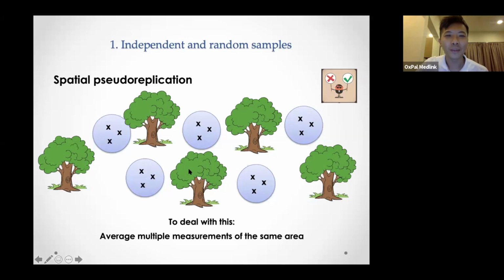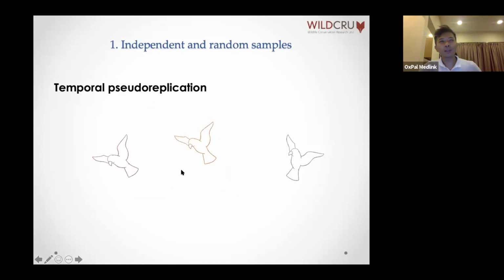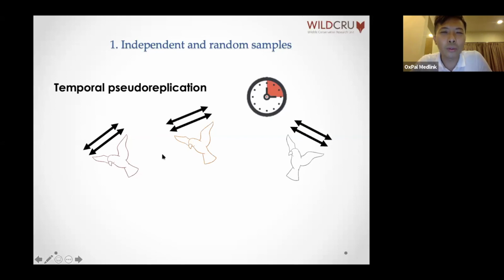Okay, great. And we have a case of temporal pseudo-replication. There are three birds here, Tom, Dick, Harry. We measure Tom's wingspan, and Dick's and Harry's wingspan. And after a certain time, we measure it again and again. So each individual here, we measure their wingspan 3 times each.